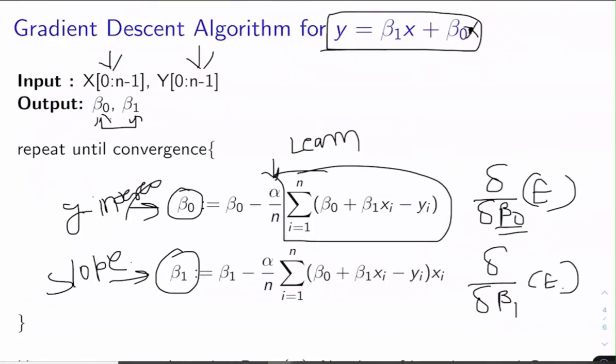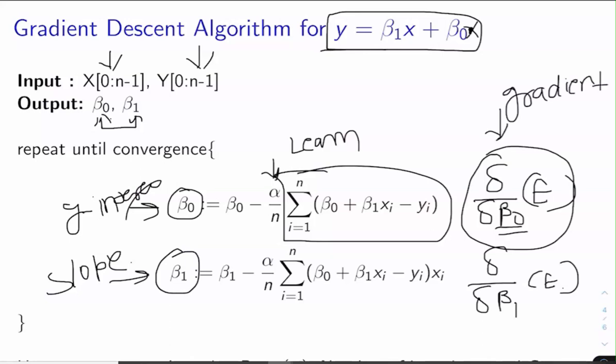This partial derivative gives us the gradient, and if the gradient is negative, the beta terms are added. If the gradient is positive, the beta terms are subtracted. So the gradient gives us the direction of descending. In our comparison, the gradient represents descending from a hill. It decides the direction in which we want to descend the hill.